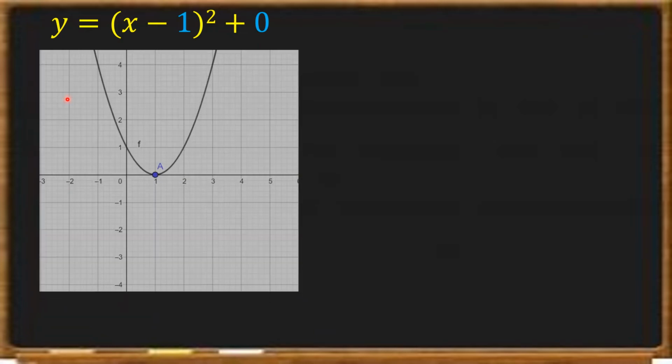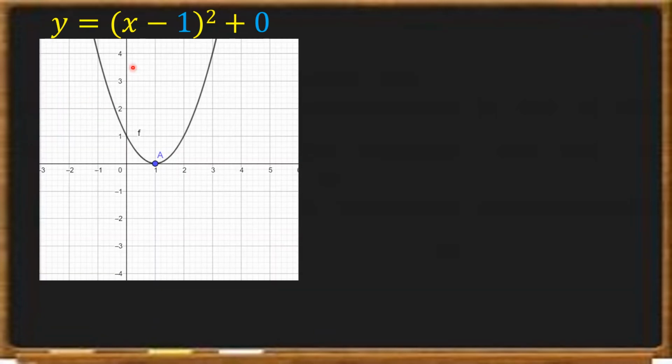If you're going to graph this, this is now your graph wherein the vertex is at 1, 0. So the vertex is 1, comma 0. This is your h, and this is your k in vertex form.